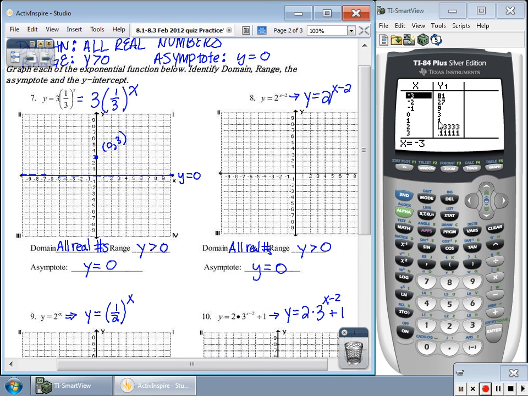I see 1, 1. So come over here and label that, 1, 1. I see negative 1, 9. Over here, then up, and label that. Negative 1, 9.